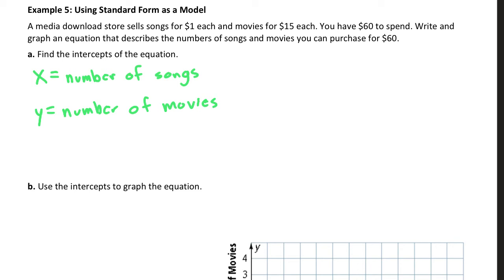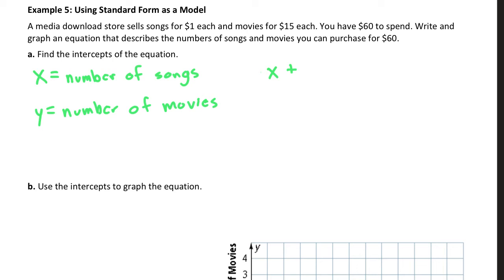Now to represent the total amount I spend on songs, I would take $1 for each song times the number of songs. So 1x. Now, 1x is really just x. So if you want to write 1x, great. I'm just going to write it as x. I know that means 1x. That total plus the total I spend on movies.